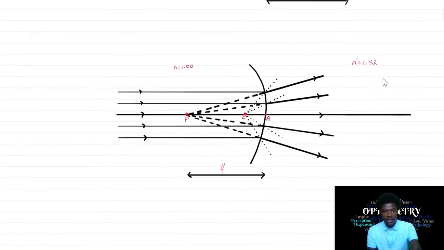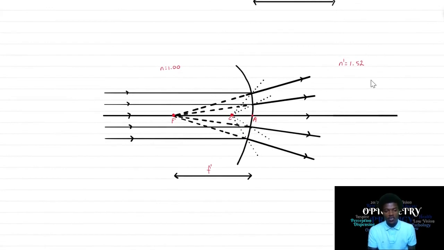How about a negative surface? So for the negative surface here, we have again the refractive index of the primary medium, the refractive index of the secondary medium, and now we have the light rays coming in left to right, and as they hit the divergent surface, they refract away from the optical axis, or the principal axis.